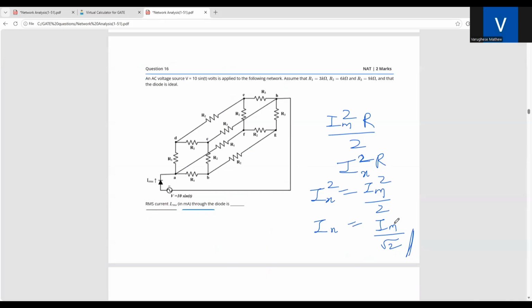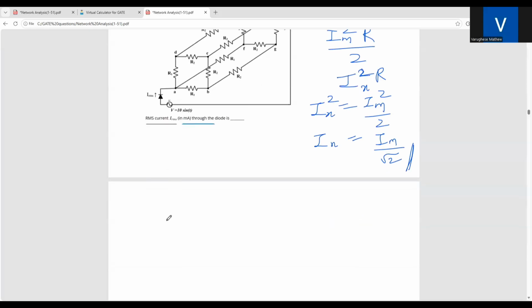If I find the root mean squared, that is the current which will be the effective current for calculating the power. When I use IRMS, I can simply square it and multiply by R and get the power. That is why IRMS. Understood? Clear?